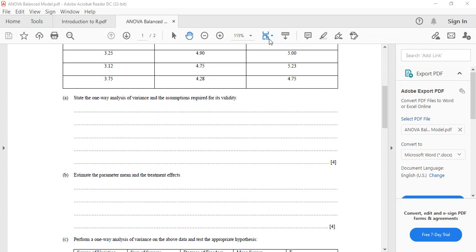I want somebody to give me the formula for tau 1 hat and the final answer, which is the first treatment effect.